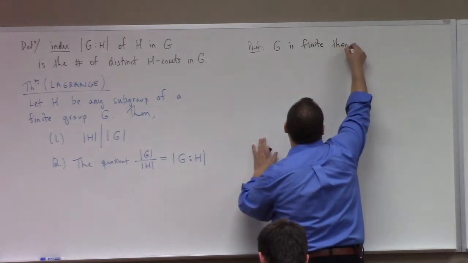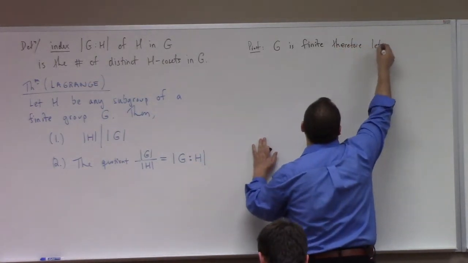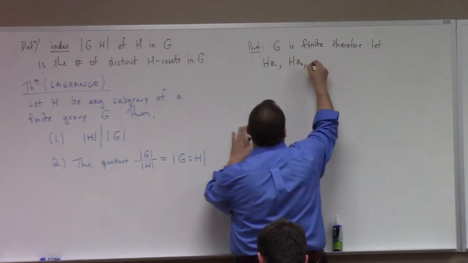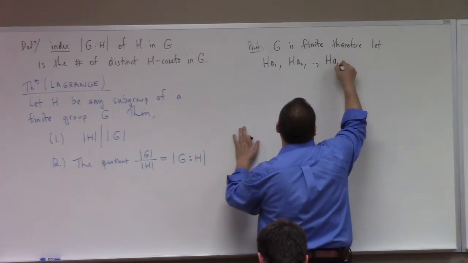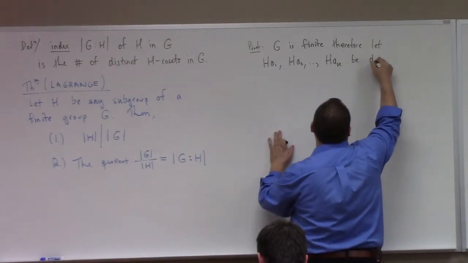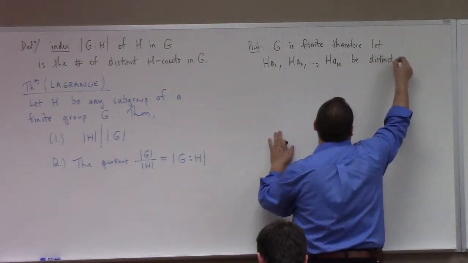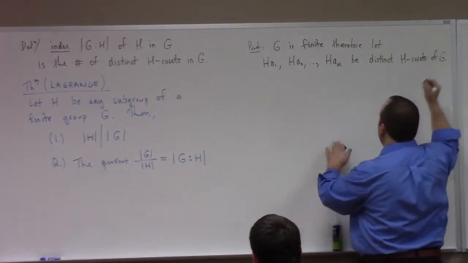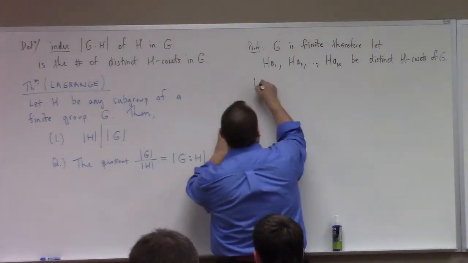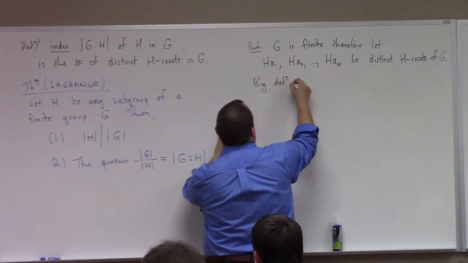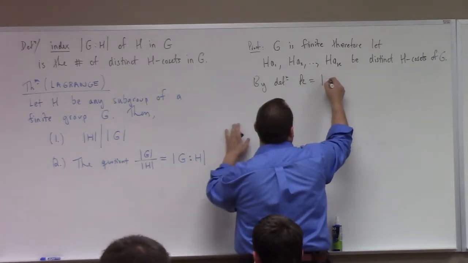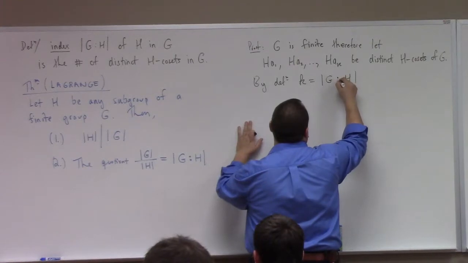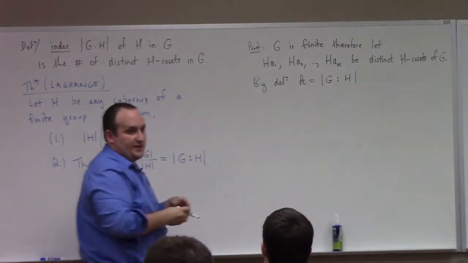Therefore, let HA1, HA2, up to HAK be distinct H cosets of G, right? By definition, K is equal to the index of H in G, because that's the number of right cosets, which I'm saying there are K of them.